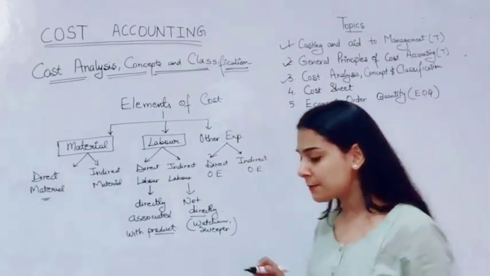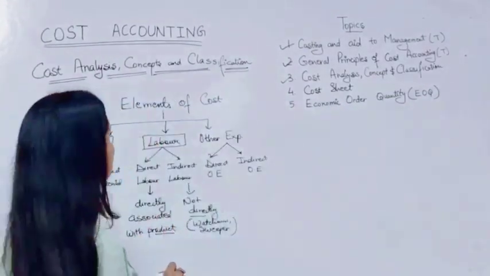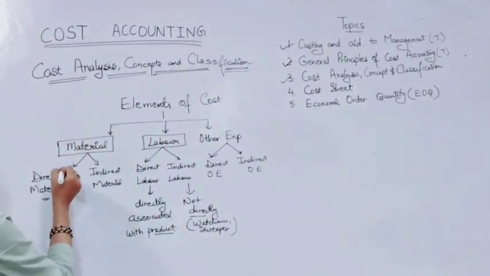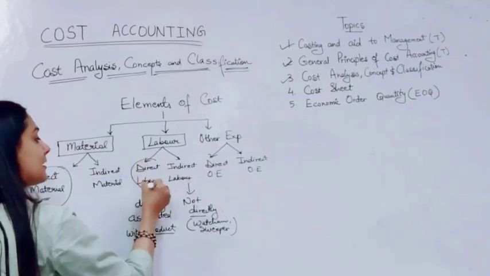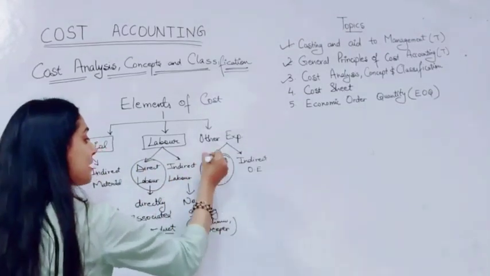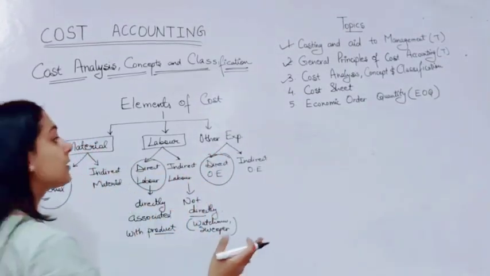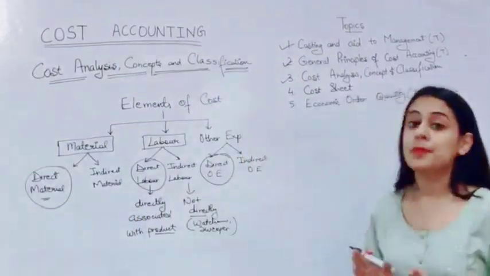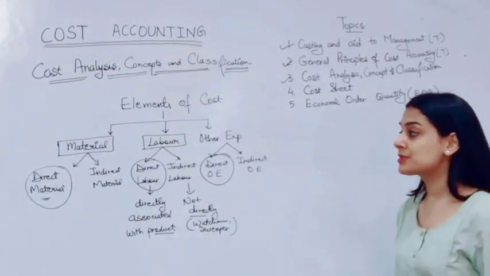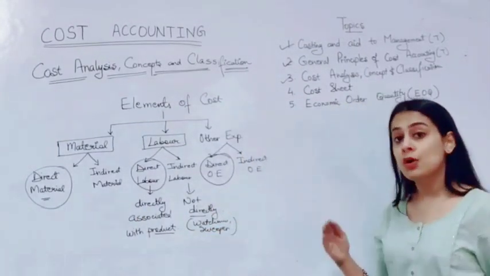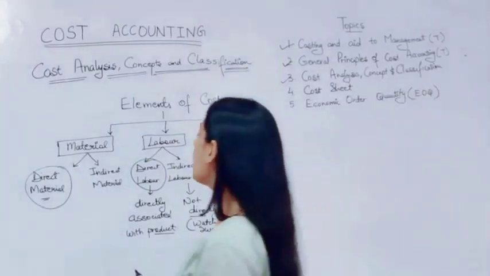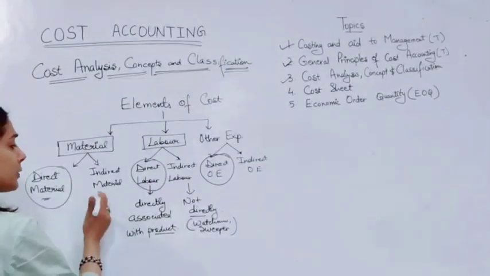So what is the benefit of doing this separately? Because the direct material, direct labor and direct other expense would further make your prime cost. This is the first section of the cost sheet. So what do you do with the indirect ones?